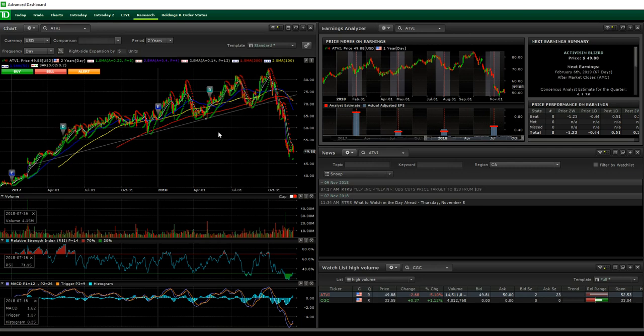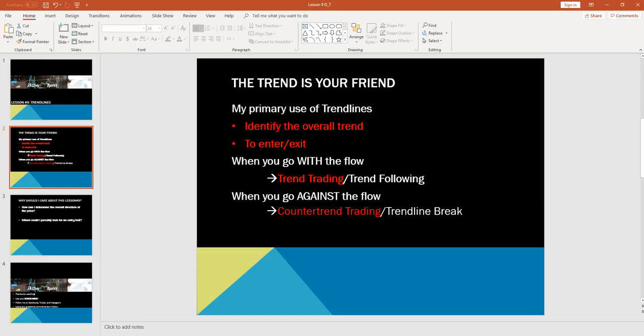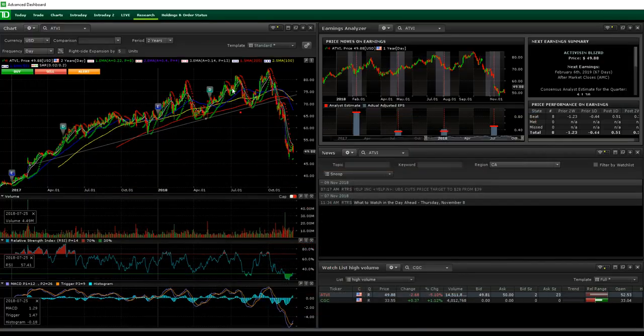That's pretty much the idea of trend trading. You follow that and take your profits where you think the resistance is. So in this case, $80 is where I'm going to take my profit. And you think that after this, the price is going to just crash through.